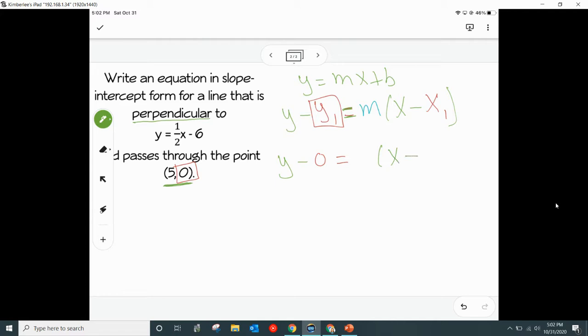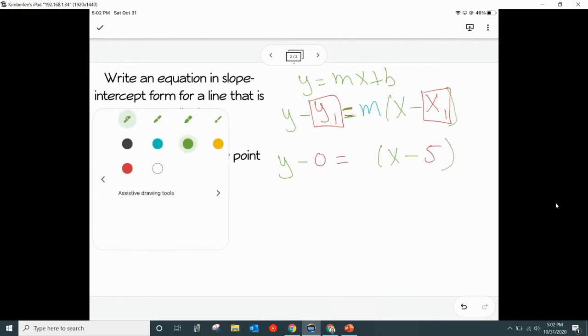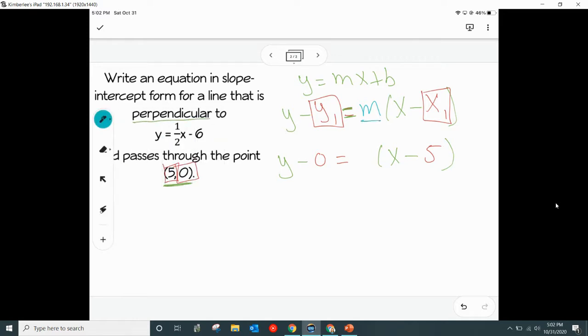Then I would put x minus, and now I would plug in for the x coordinate, which I can see is 5. Okay, nice. So now if I could just figure out what my slope is that I need to use right here, I could plug in for it right here in front.